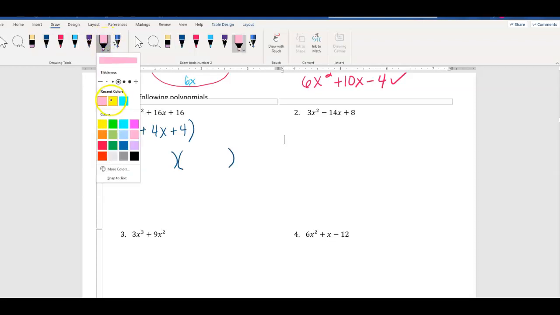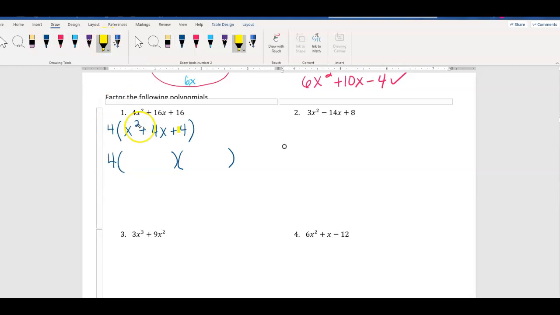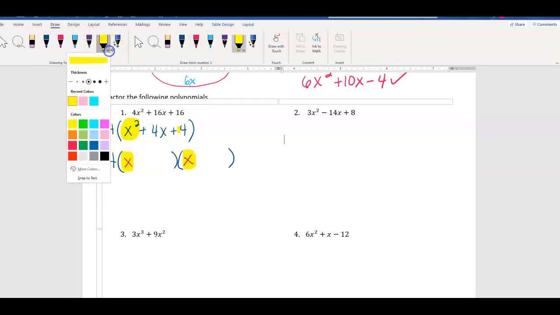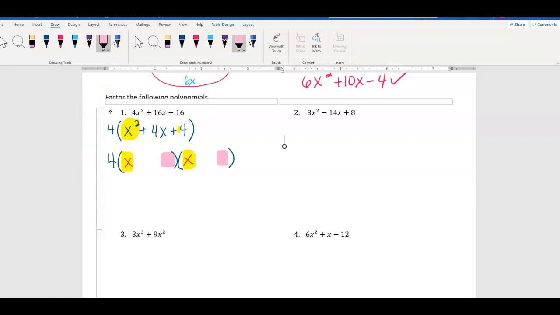I know that these 2 spots need to multiply to x squared, which is going to be easy. That's just x and x. There's no question about that. And that last spot needs to multiply to 4. What's nice about this is it's all positive, so I know that these 2 numbers need to be positive. I can go ahead and put those positives in right now because I know they can't be negative.